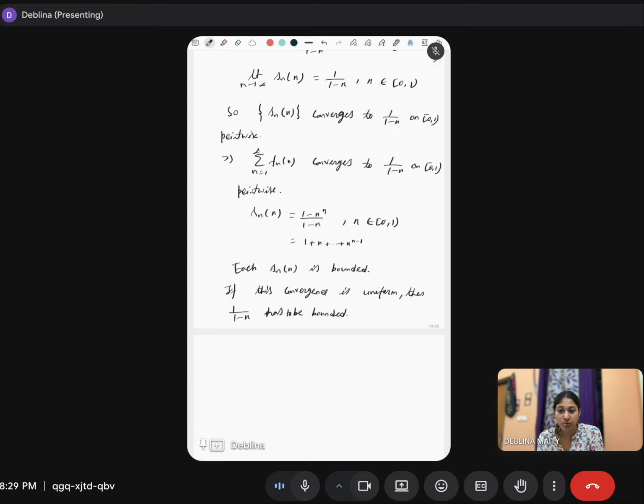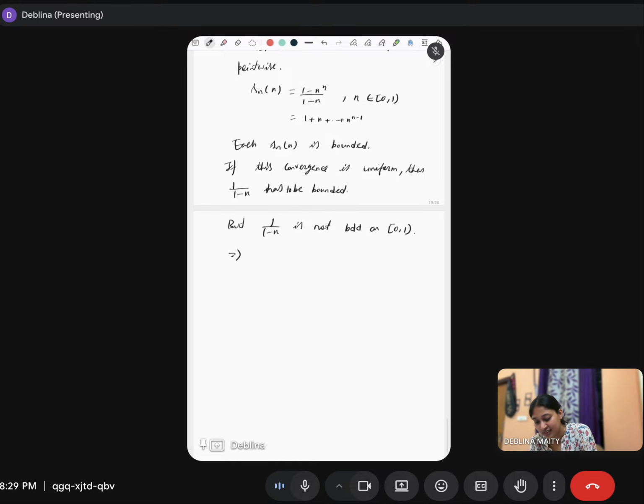But this is not true. 1 by 1 minus x is not bounded on [0,1), because as x goes to 1, it goes to infinity, right?